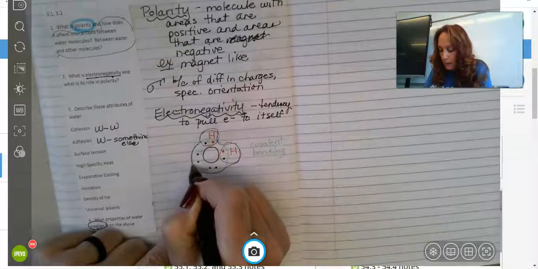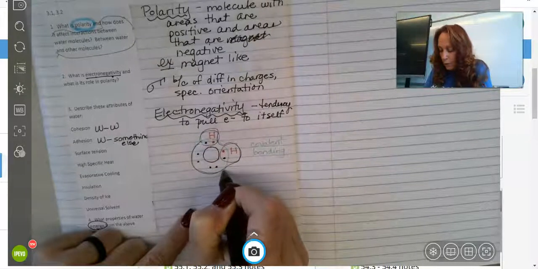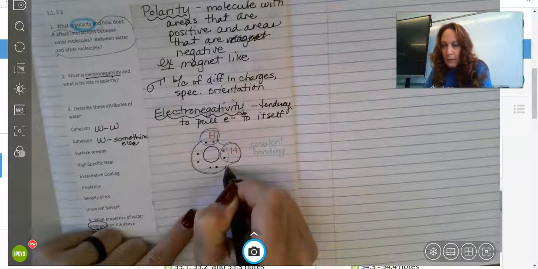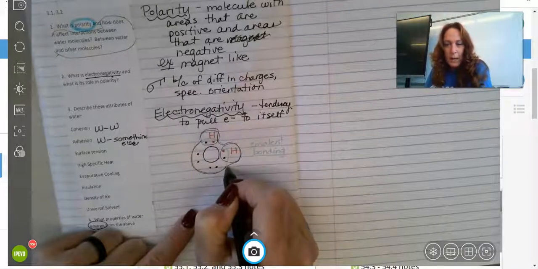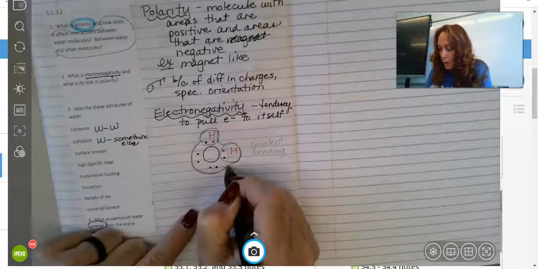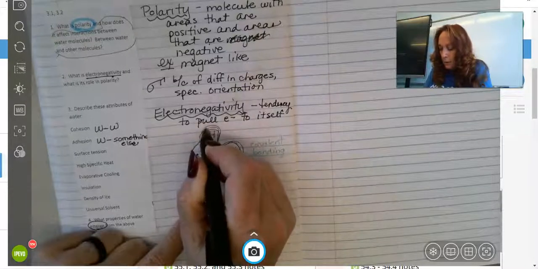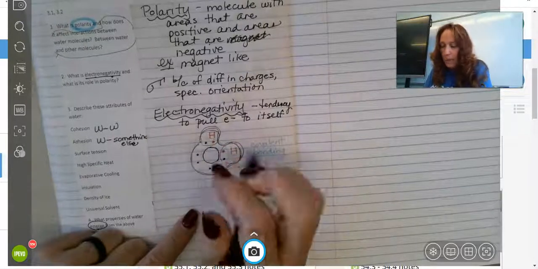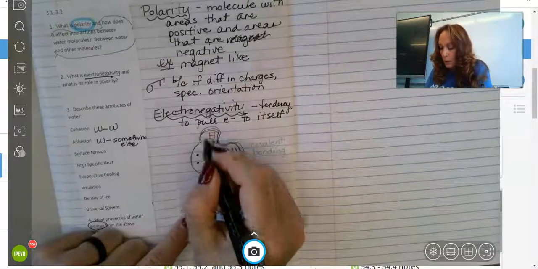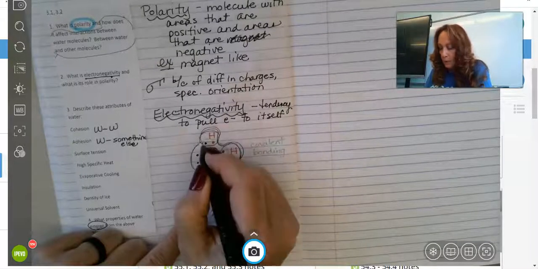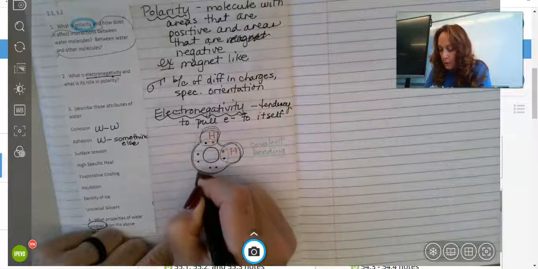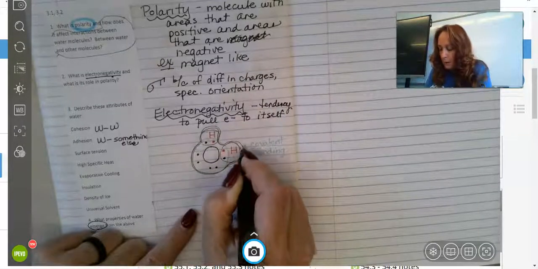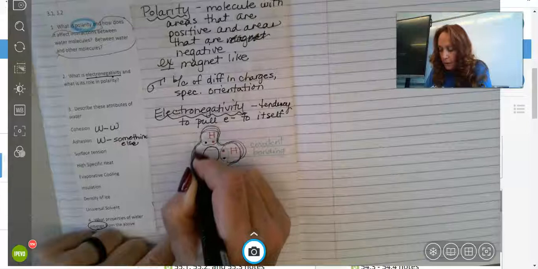So you're going to be here longer. That means that this side of the water would have a more negative charge, and it doesn't stay as long around hydrogens because they don't have that electronegative pull like oxygen does. So it slows down here, and then it's just not drawn to the hydrogens like it is.